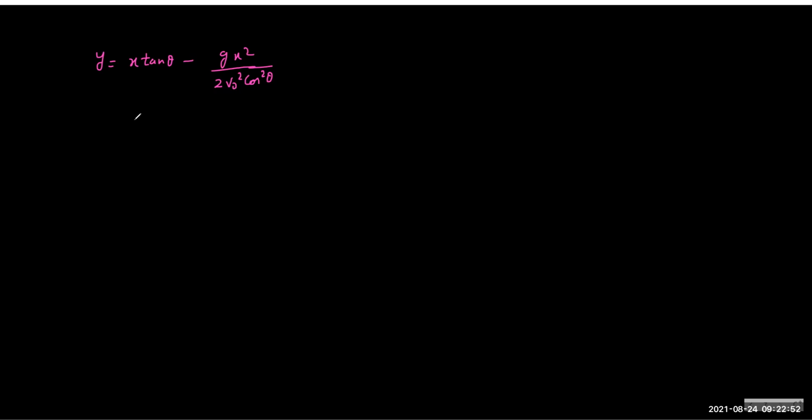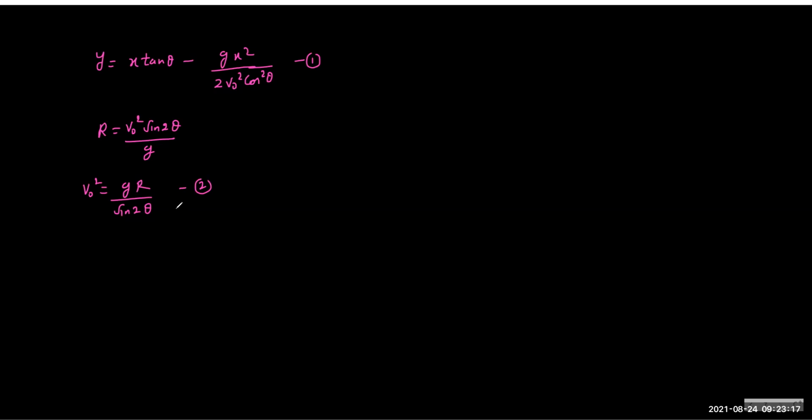So for the range formula, we know range equals v naught square sin 2 theta by g. So we can replace v naught square by the formula gR by sin 2 theta. So use 1 and 2 and tell me the answer in terms of range.